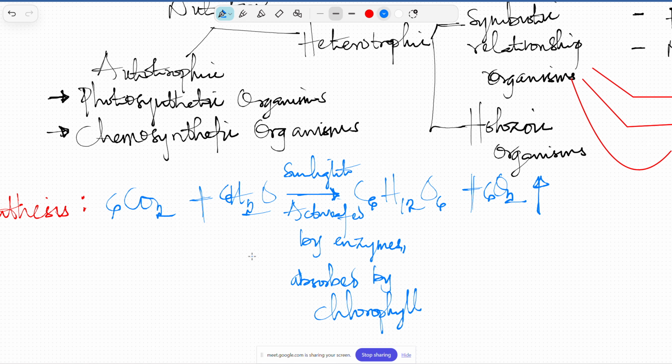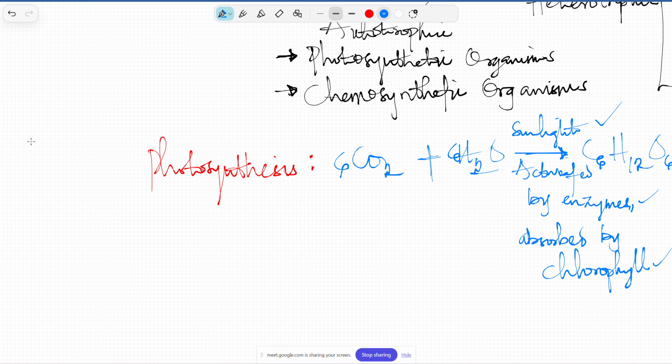Meaning that for all of these processes, number one, you need sunlight to be present. You also need enzymes to be present, and as well you need chlorophyll to be present. So it's a whole complex of reaction steps.